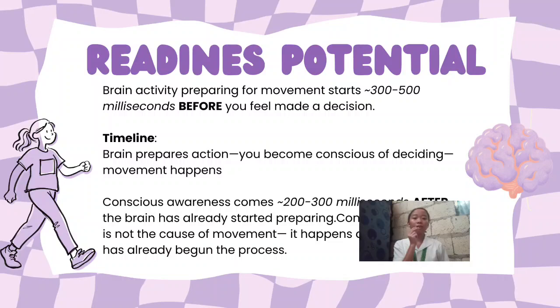So during sa Libet experiment na discovery nga nakita ang mga researcher nga ang brain activity is preparing for movement starts 300 to 500 milliseconds before you feel you made a decision. So kita mga tao is wala pa ta naka-decide pero ang brain na siya happenings na process na mga plan unsa pa diha pero dili lang ta aware.